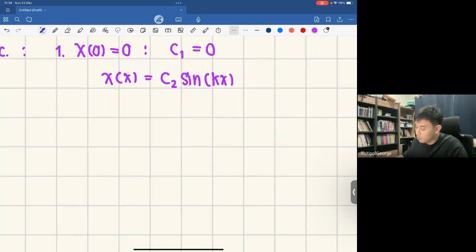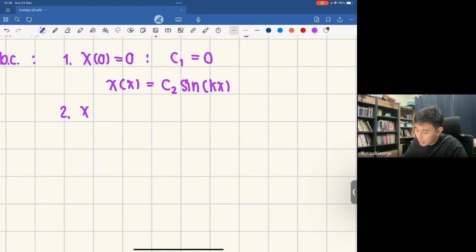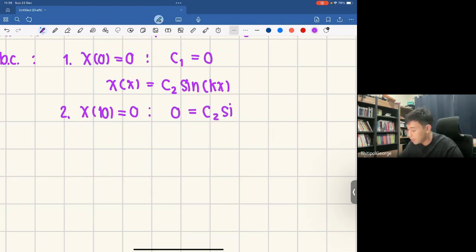And then we know that X(10) is going to be 0. So from this, 0 equals c2 times sine of 10k, so sine of 10k has to be 0.